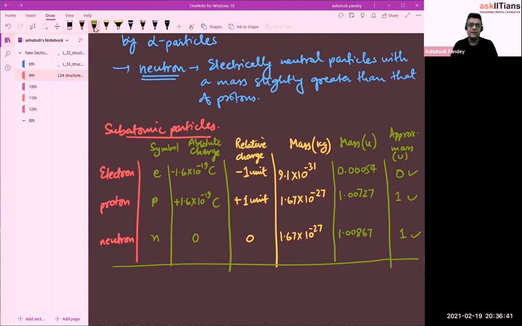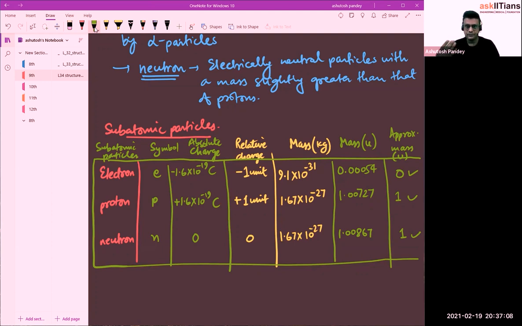So these are the properties of the various subatomic particles, which we can write in a summary form like this.